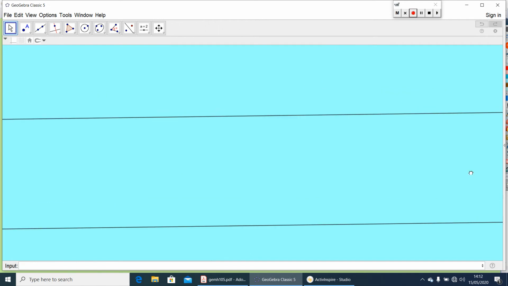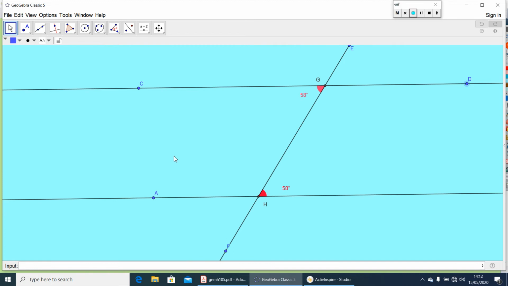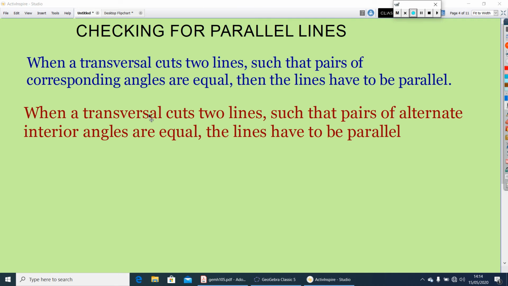Therefore, these lines will be parallel. So this is the second condition. If two lines are cut by a transversal and alternate interior angles are equal, then the lines will be parallel. So we can conclude, when a transversal cuts two lines such that pairs of alternate interior angles are equal, the lines have to be parallel. So this is another way to find out whether two lines are parallel.